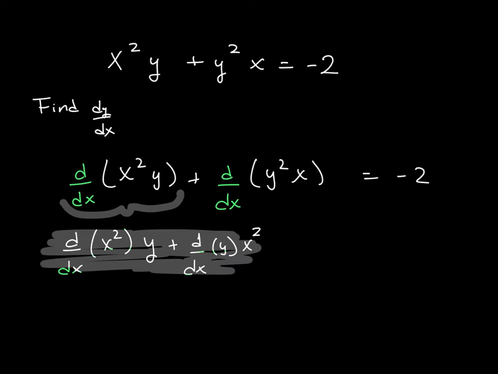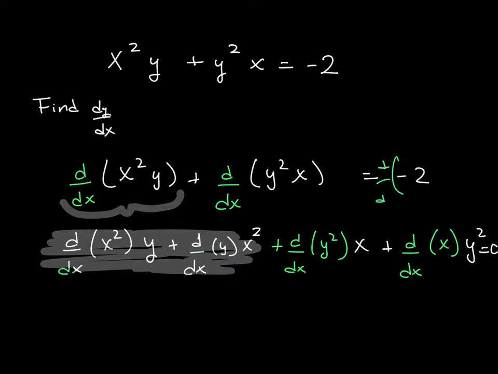So now I'm doing the same thing again. I take the derivative of the first term multiplied times the second, and I add that to the derivative of the second term multiplied times the first. And all of this is equal to 0, and it's equal to 0 because the derivative of a constant is just always going to equal 0.